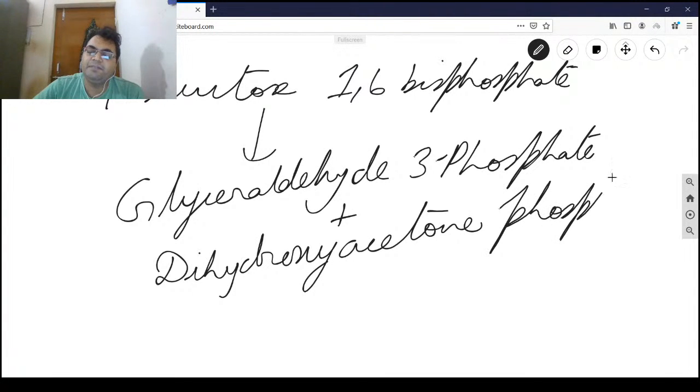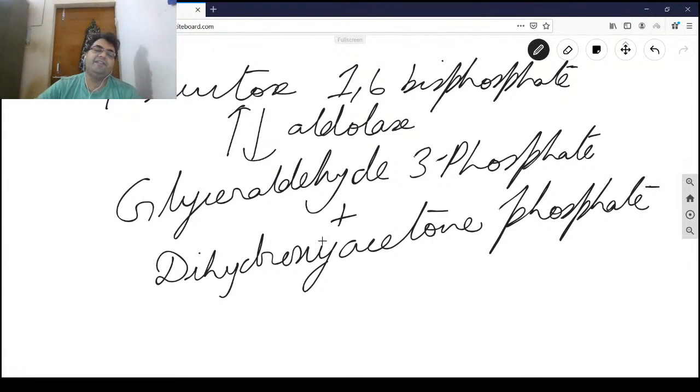Just to give a perspective of the energies, the enzyme here is aldolase. This is a reversible reaction I have written. Why? Because the del G naught for this reaction, at standard conditions, is positive 23.8 kilojoules per mole.